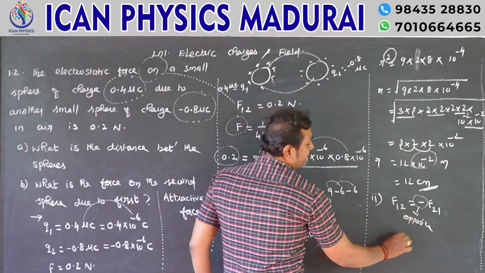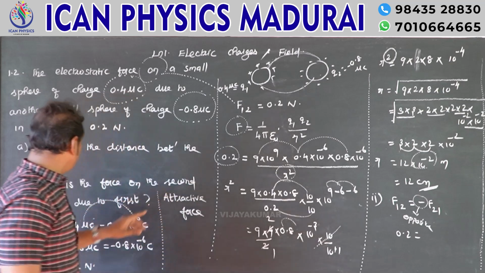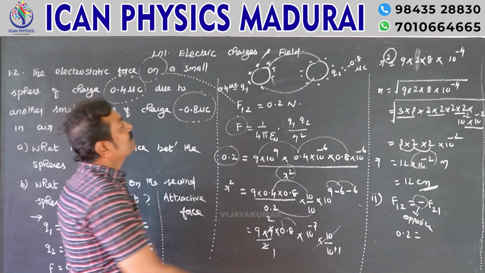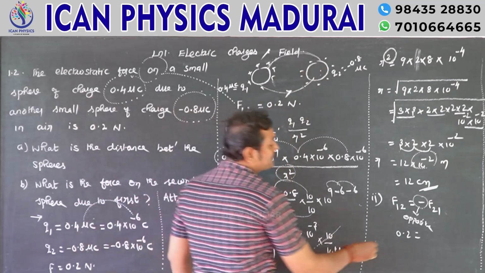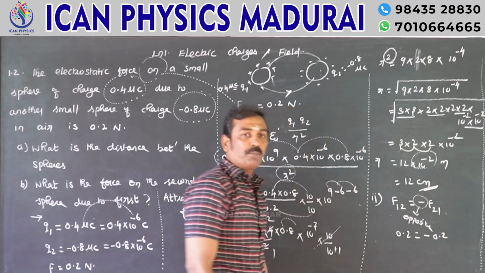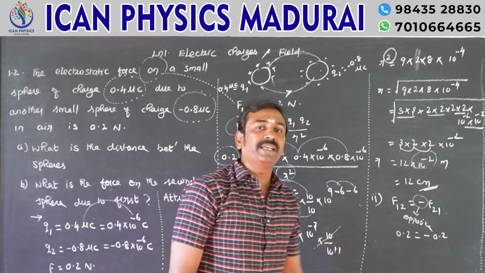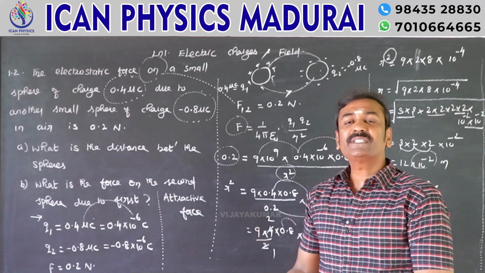So the force experienced on the second by the first is also 0.2 Newton, but it is acting in the opposite direction. We can say it also obeys Newton's third law.